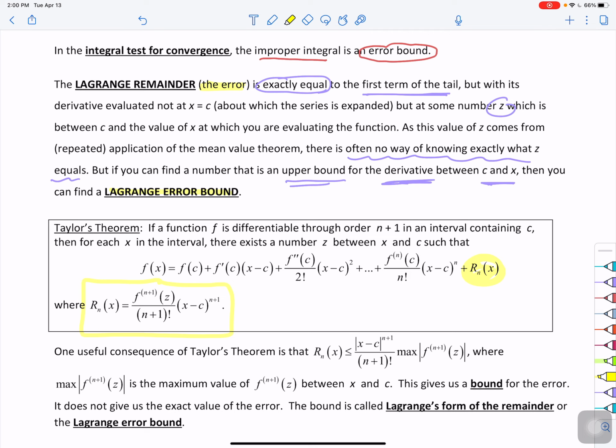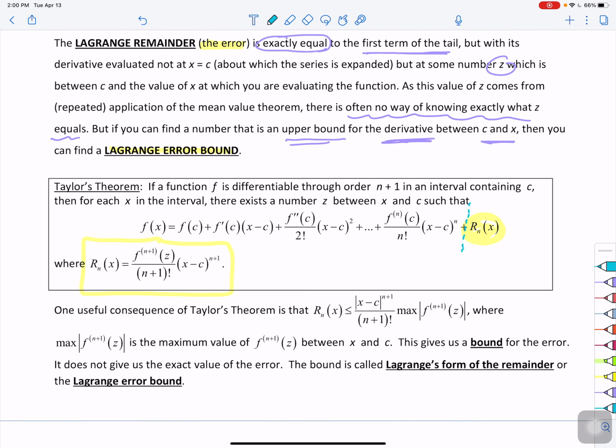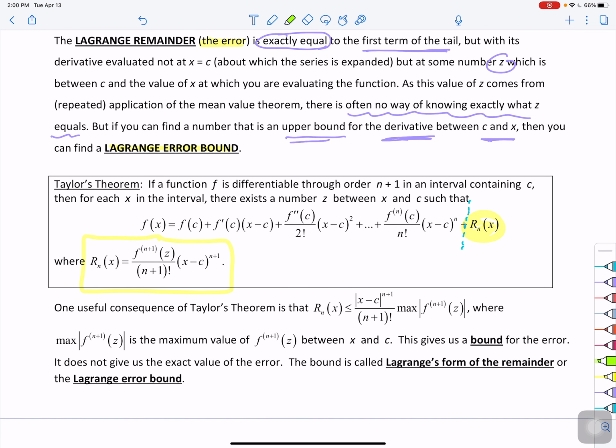Okay? So this is where we chop it off, at whatever point we do that. So that's why this and this value of n are the same.